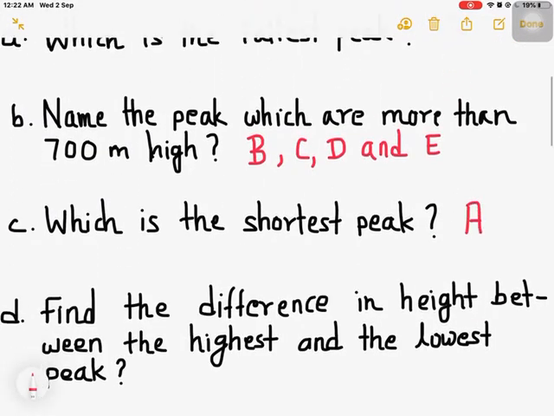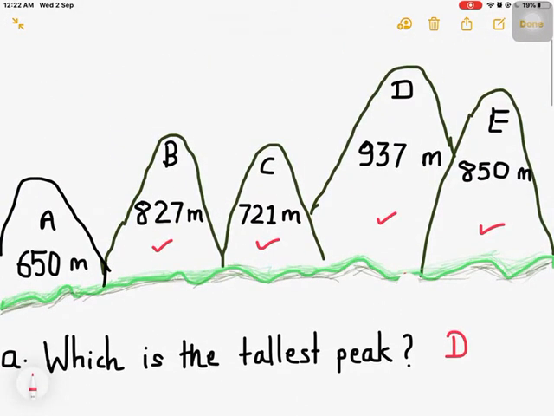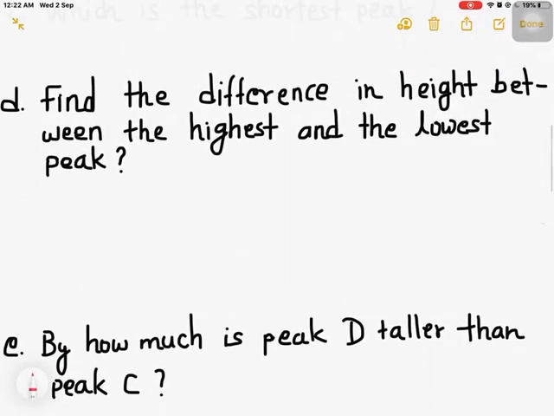A. Find the difference in height between the highest peak and the lowest peak. Which is the highest here? D. D, isn't it? D is 937. And which is the lowest? Lowest is A. It's 650, isn't it? Find the difference. Means here we have to subtract, okay?